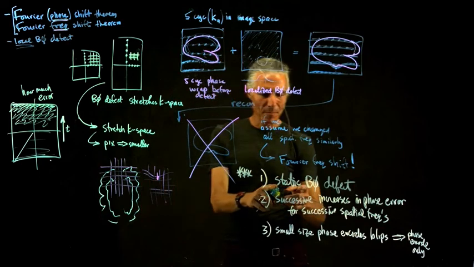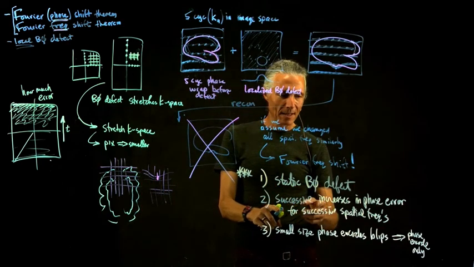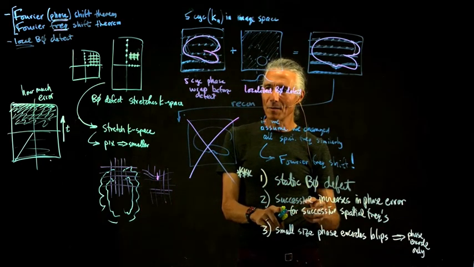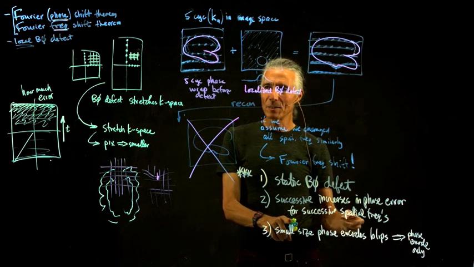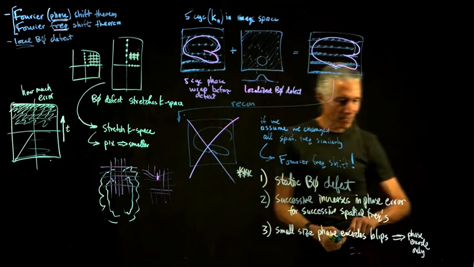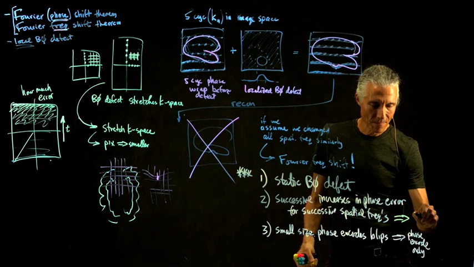So it's a static B0 defect, but successive increase in phase error because the B0 has had longer to mess up the spins for successive spatial frequencies, and that leads to a stretch.